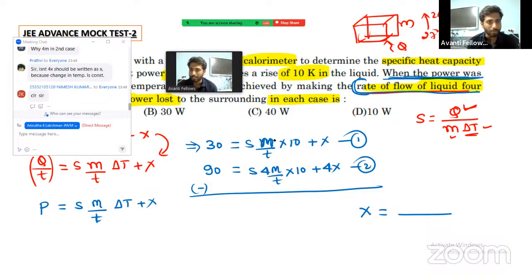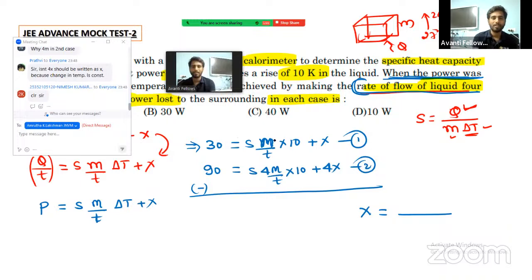But sir, instead 4x should be written as x because the change in temperature is constant. Yes, change in temperature is constant, but due to the rate of flow of liquid, the x factor also increases. It is heat releasing to the surroundings.